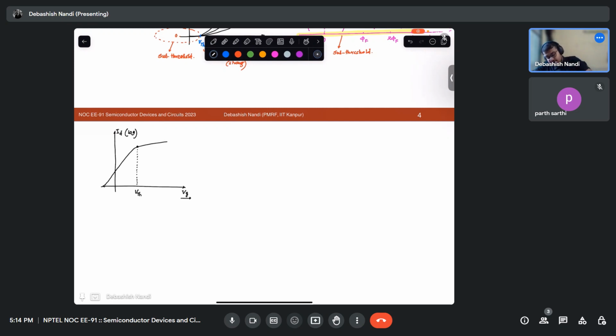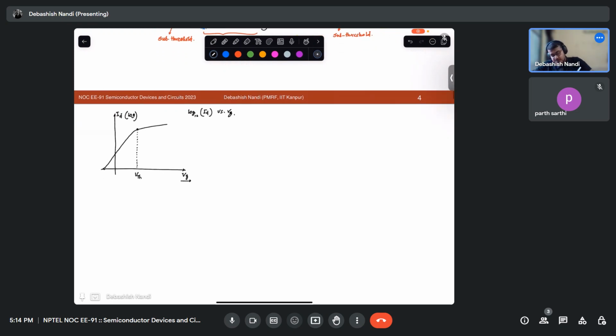So what I am plotting is log 10 of ID versus VG. So you see that this current does not become 0, but it has a non-zero value.